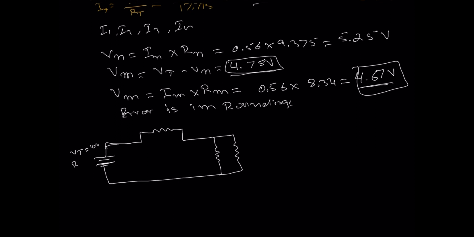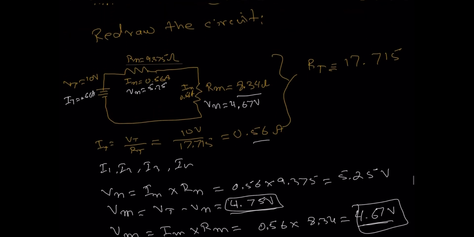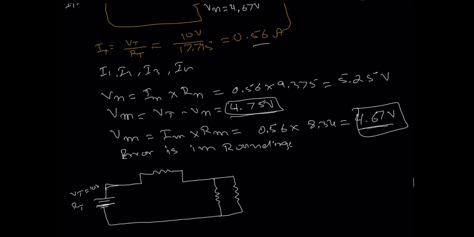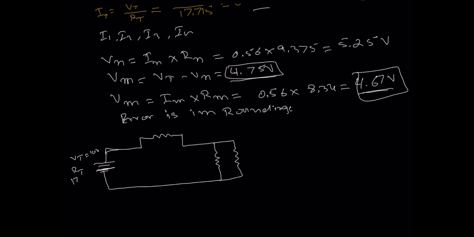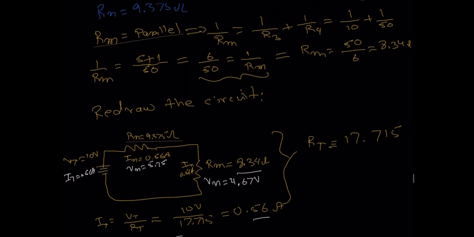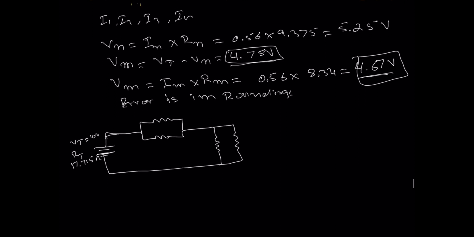We have RT, which is 17.715 ohm. R1 is 15 ohm, R2 is 25 ohm, R3 is 10 ohm, and R4 is 50 ohm.